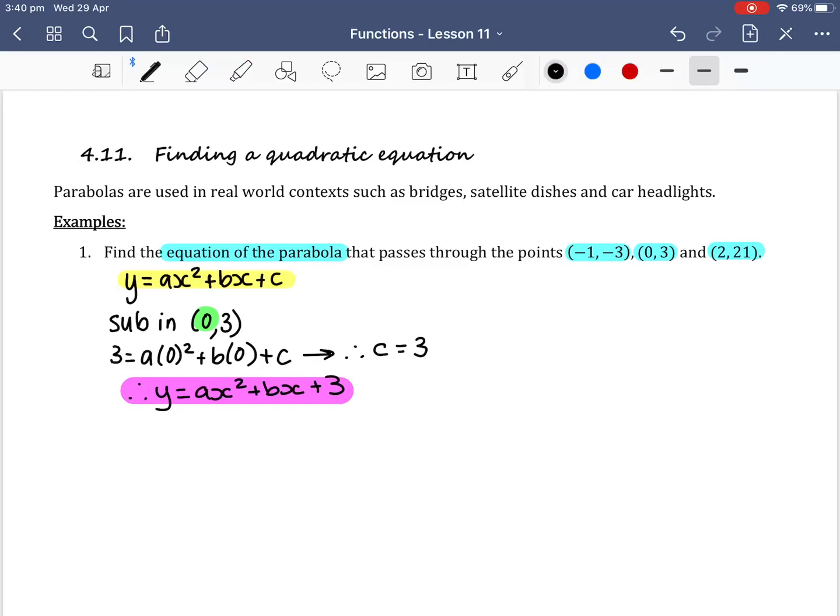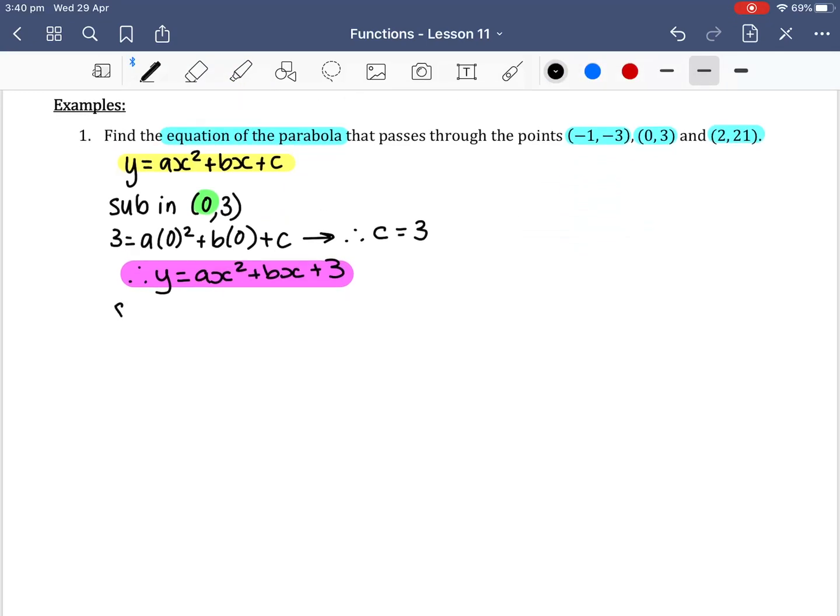Now we sub in another of the values, our first value of (-1, -3). So -3 equals a times (-1) squared plus b times -1 plus our c value of 3. (-1) squared is just a, and b times -1 is -b, plus 3.